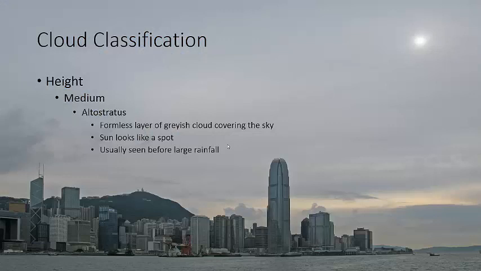Another unfun one is the Altostratus cloud. I just love this. Formless layer of grayish cloud covering the sky. See that dot there? That's supposed to be the sun, right?